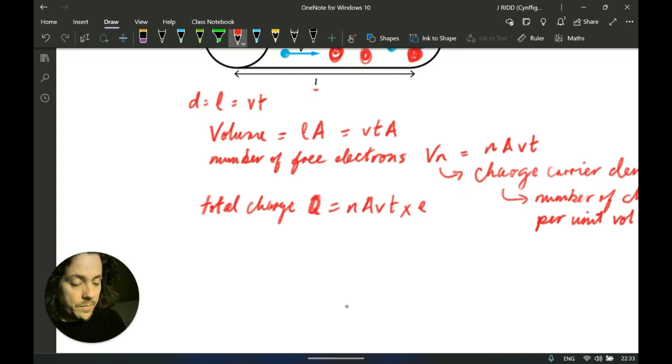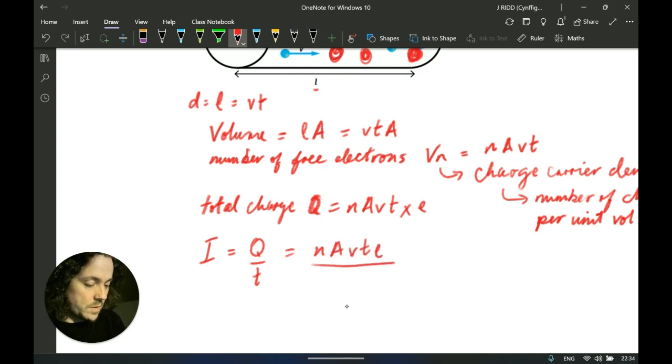So the total charge Q is equal to n times A times v times t times e. And then finally, recalling that current I is Q over t, the rate of flow of charge, what we can do now is divide both sides by t, and the t cancels. And I is equal to nAve.